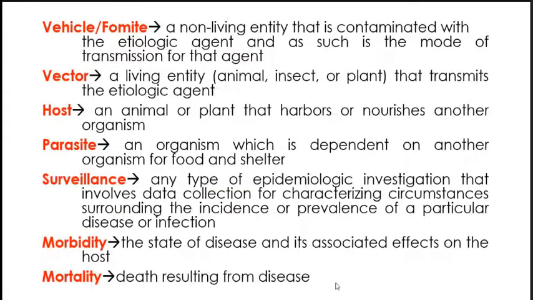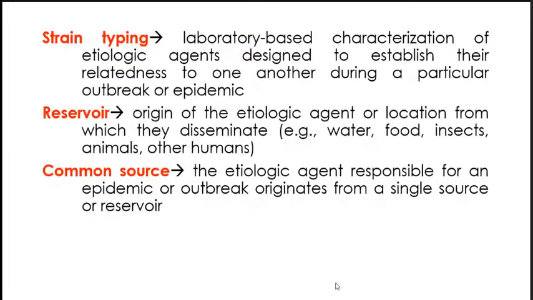And then yung fomite po are yung objects po na nag-carry po ng infection like mga utensils, damit, and the like. Okay. Pag vector, give one example of vector. Yung mosquito po, ma'am. Okay. Thank you, Ira. So, we proceed with the next slide.